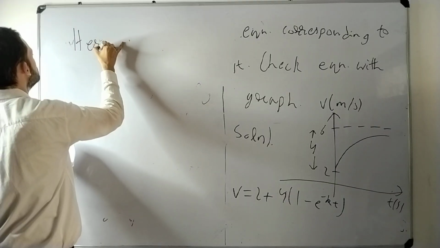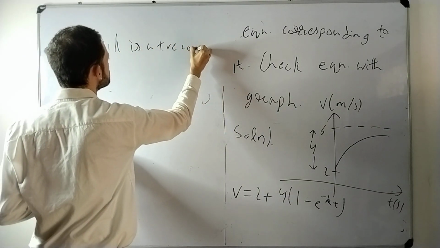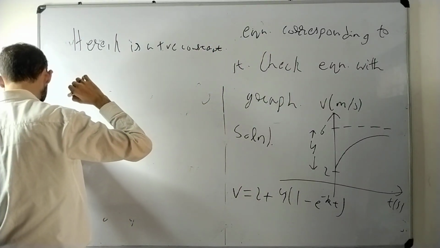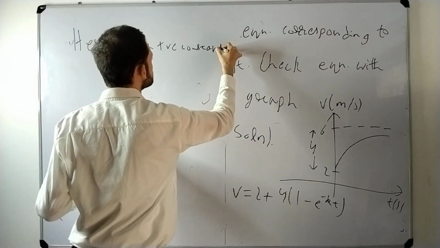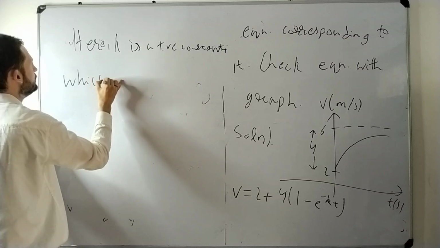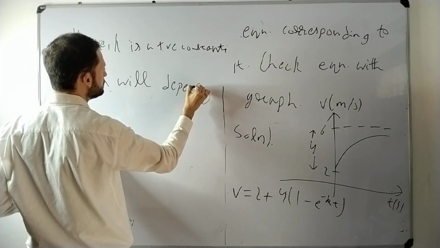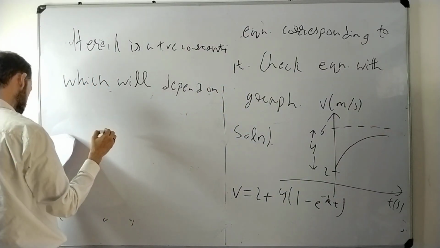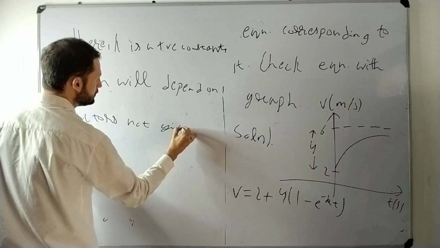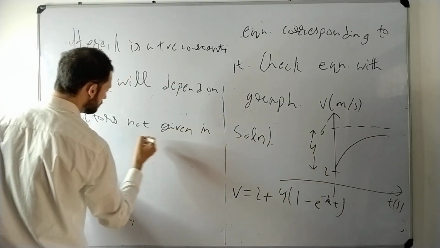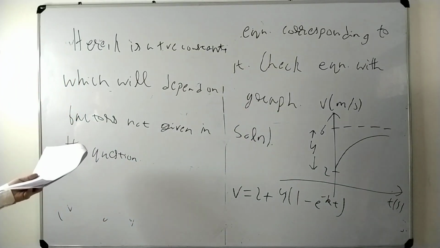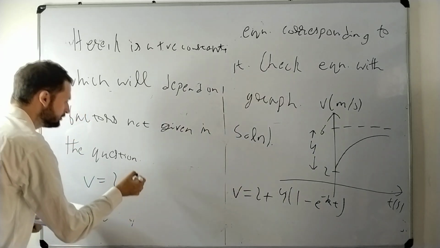Here k is a positive constant, which will depend on other factors not given in the question. Okay. So now put the values here.